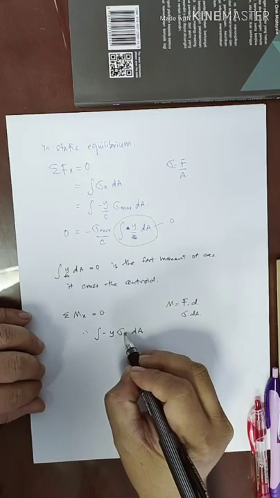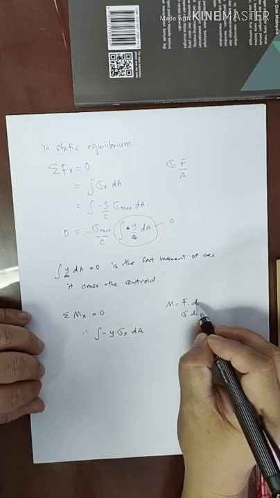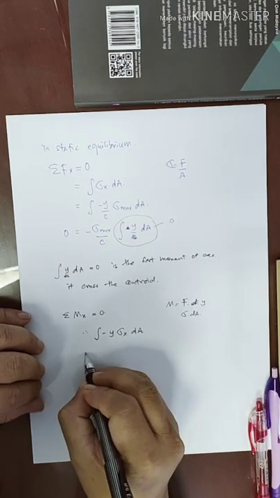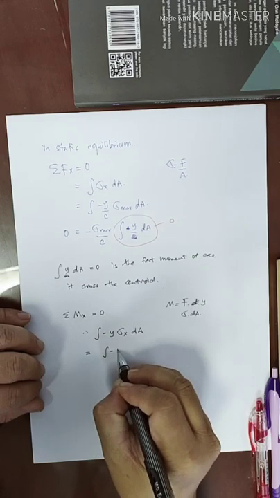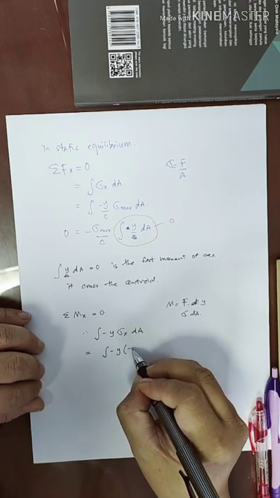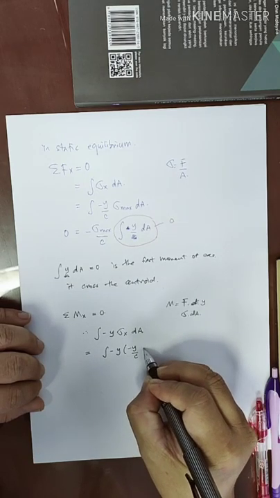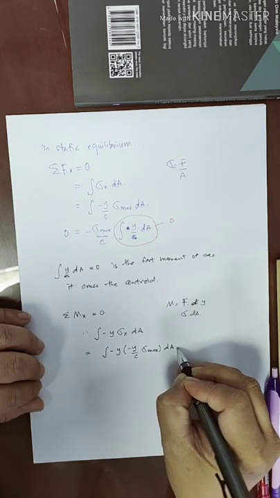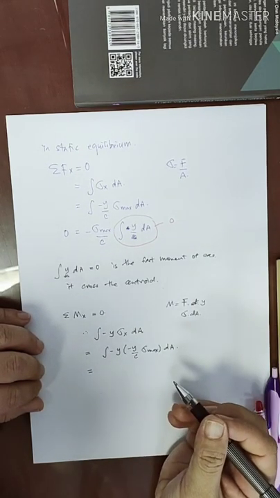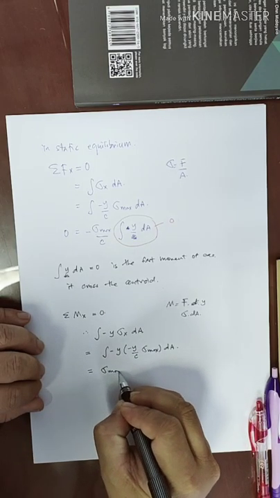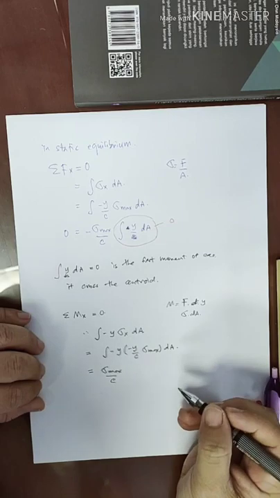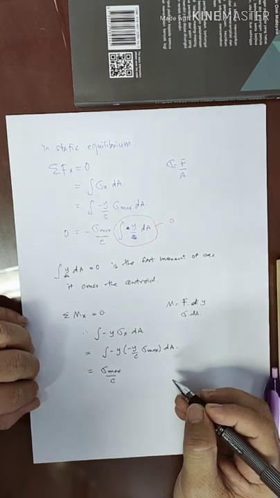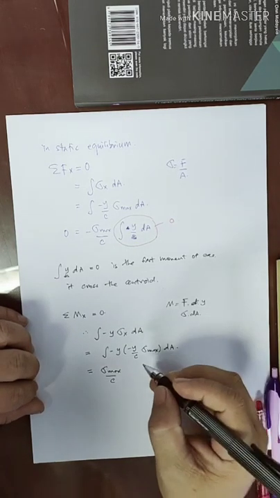By substituting the sigma x, we have negative y over c, sigma max, dA. Sigma max and c can be put outside because they are constants.